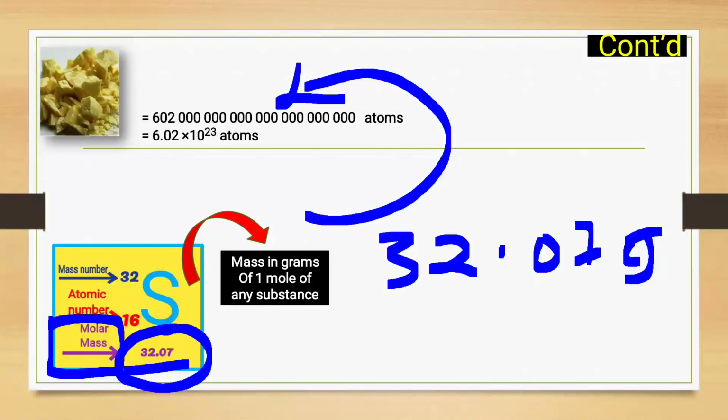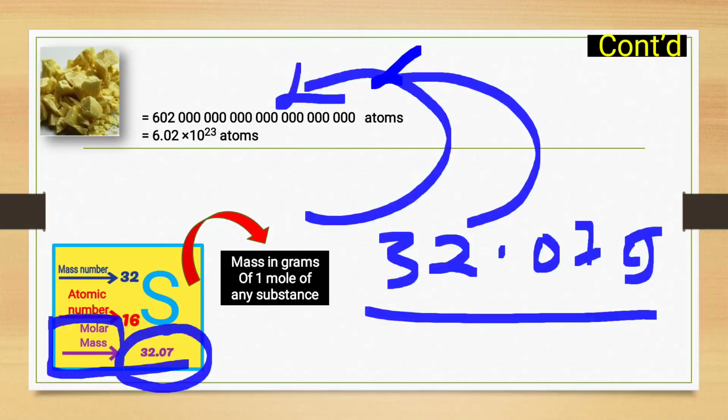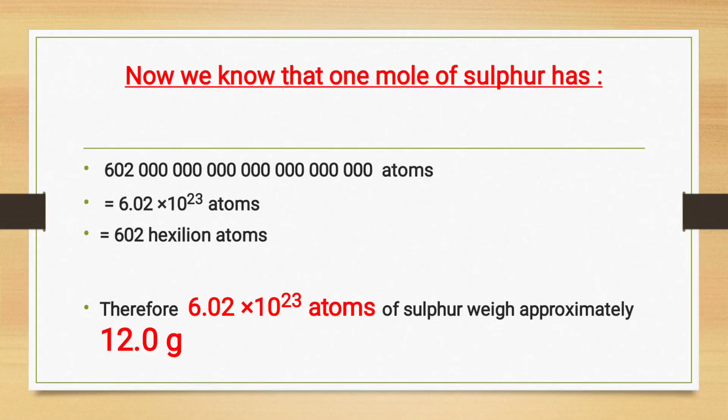Why? You know that 32.07 grams of sulfur contain 602 sextillion atoms of sulfur.